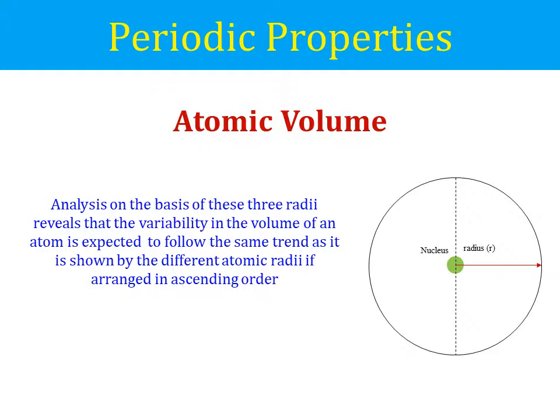That is, the volume of one atom, by considering the covalent radii, will be the least, and the volume of one atom, by considering the van der Waals radii, will be the largest, the maximum.